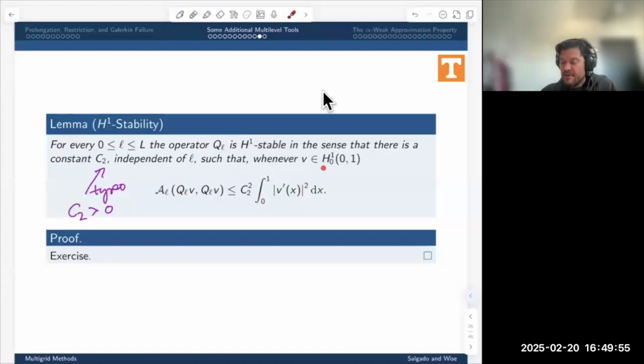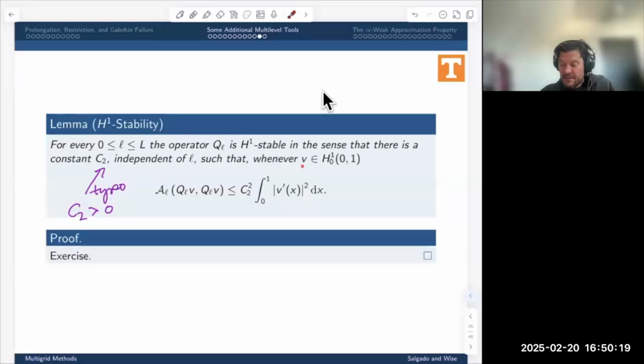So what is this space? This is the space of L2 functions which have a weak derivative which is also in L2, and the values of the function at the two boundary points, 0 and 1 in this case, are 0. So that's this Sobolev space H01.